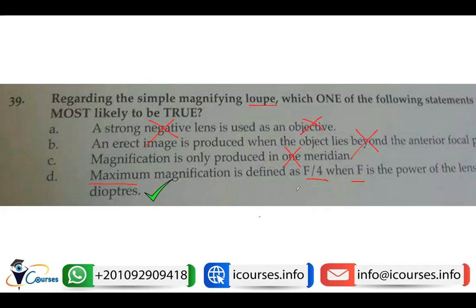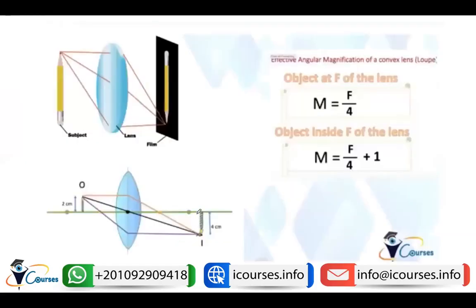If we place the object inside the focal length, then the magnification will be M equals F divided by 4 plus 1. We said this before in the magnification lecture and also in the low vision aid lecture. To get the maximum magnification, we just need to place the object inside the focal length. But this is the most correct answer regarding this scenario.